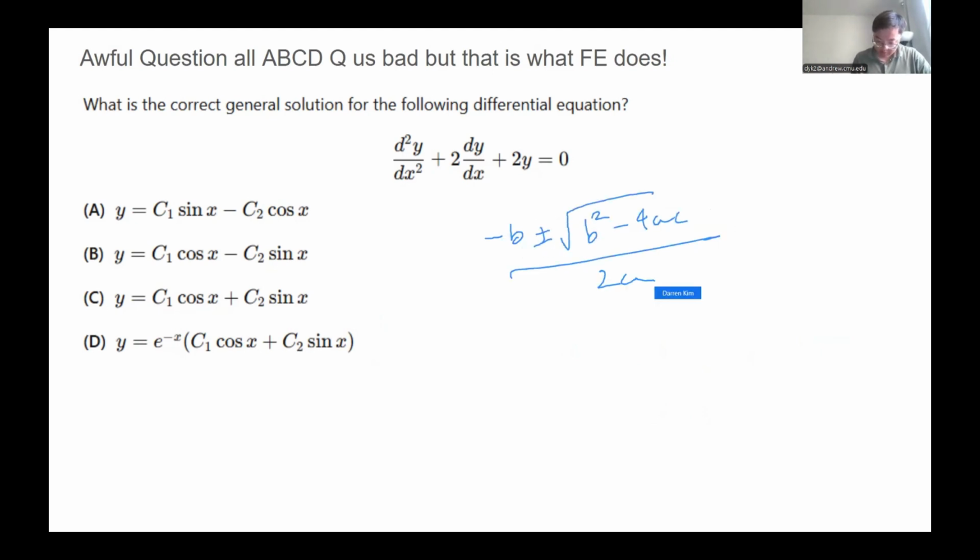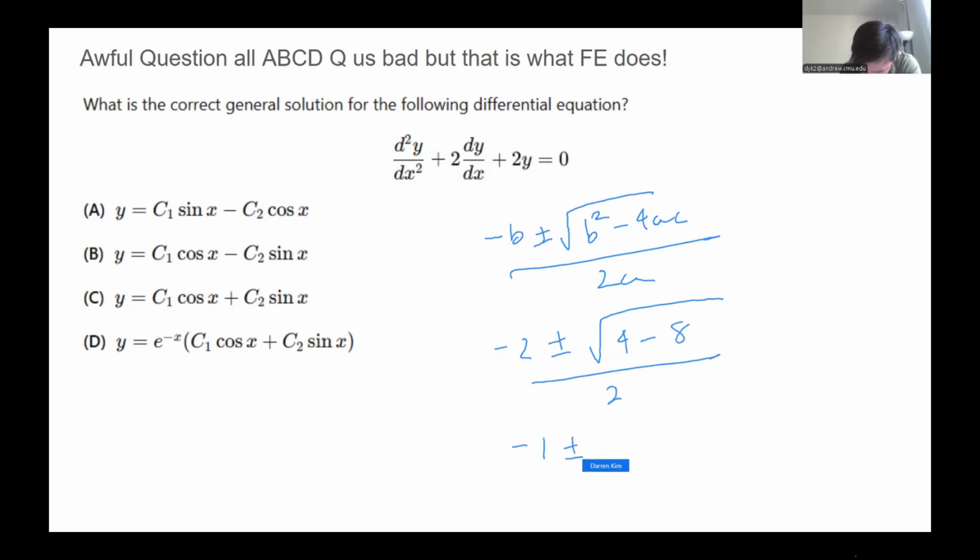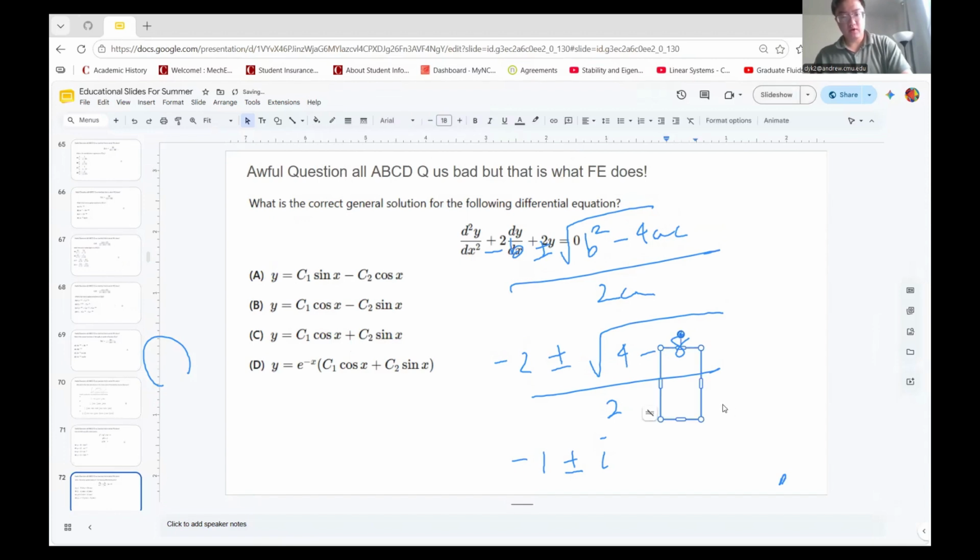So b is 2, so 2 plus or minus square root of 4 minus 8, divided by 2, which is minus 1 plus or minus 1i. Yeah, it's 1i. So it must be D, because the other ones don't have an answer. If I get a question wrong, I'll double check later.